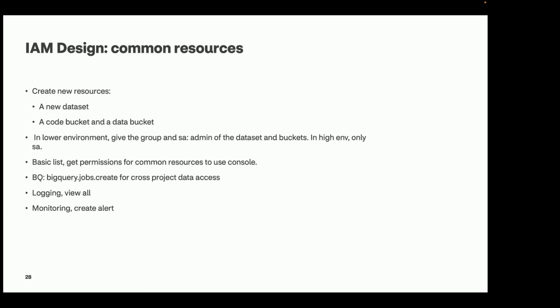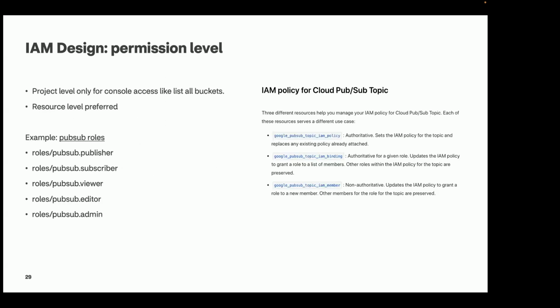Also, a user should be okay to view all the logs, given that you don't print out your password in the logs. And basic monitoring and creating alerts should be okay for everybody. So these are common permissions in this project for every team.